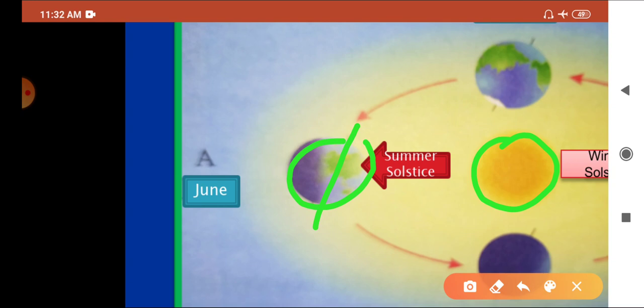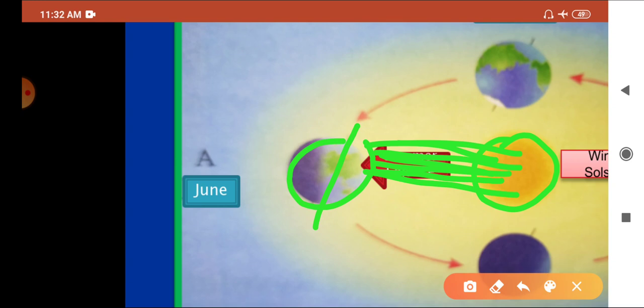Because of extreme heat, sun rays directly fall on this hemisphere, especially on the Tropic of Cancer.